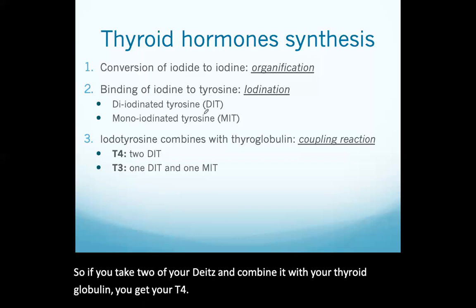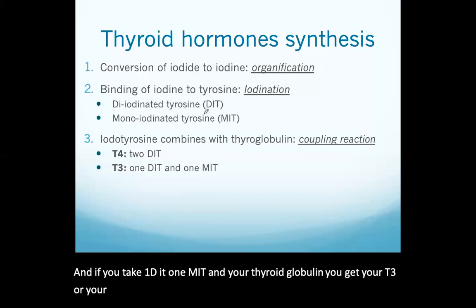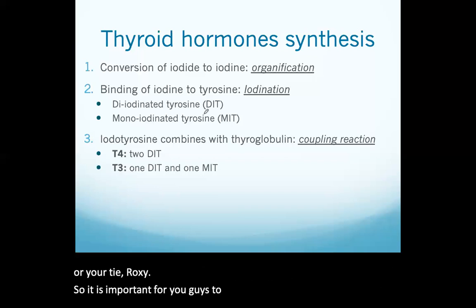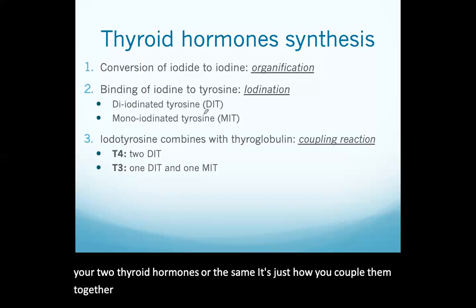And if you take one DIT, one MIT, and your thyroglobulin, you get your T3. It is important to recall that the components that make your two thyroid hormones are the same. It's just how you couple them together that forms the final product.